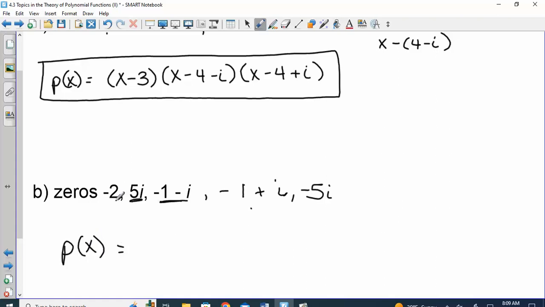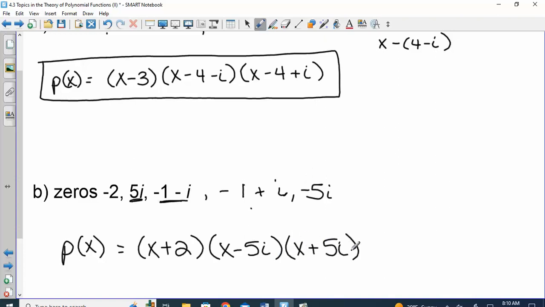So if -2 is a zero, what would my factor be? x plus 2. If 5i is a zero, x minus 5i. If -5i is a zero, x plus 5i. Okay, for -1 minus i, what will that give me? Think about it like x minus the quantity -1 minus i.